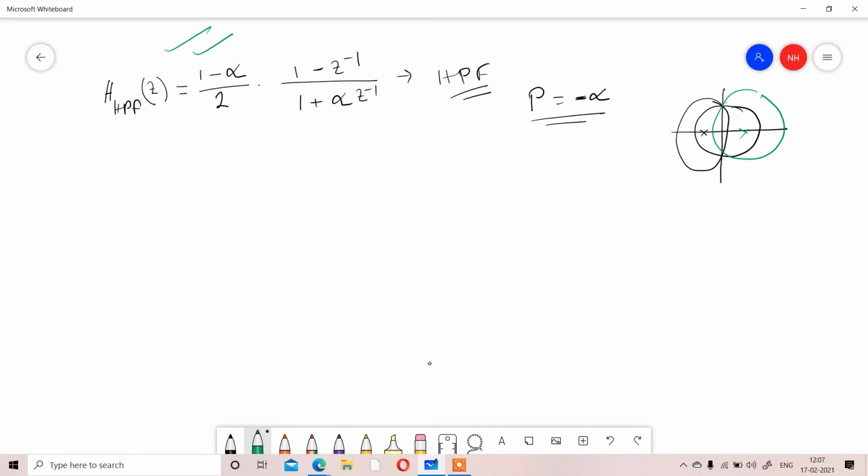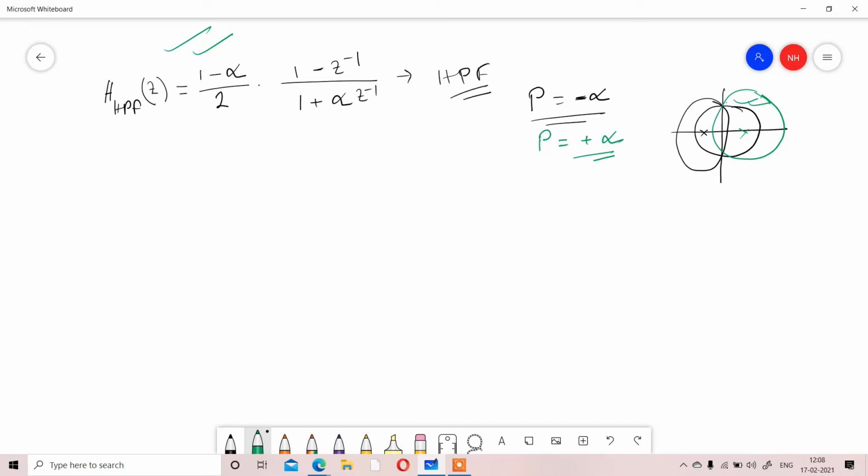But what we are trying to do, as we are operating considering always the positive half of the z plane, we in that case also want to consider the same, means we want to make the pole from minus alpha to plus alpha, keeping all the characteristics same.